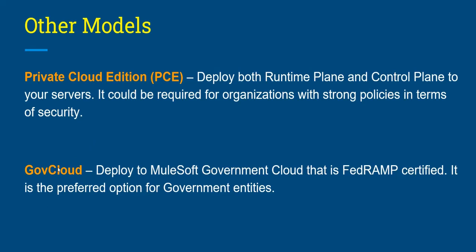And Gov Cloud is provided by MuleSoft as a government cloud, which is used by government organizations. The preferred option for government entities would be Gov Cloud instead of MuleSoft CloudHub. They will go with Gov Cloud. These are the remaining two models.